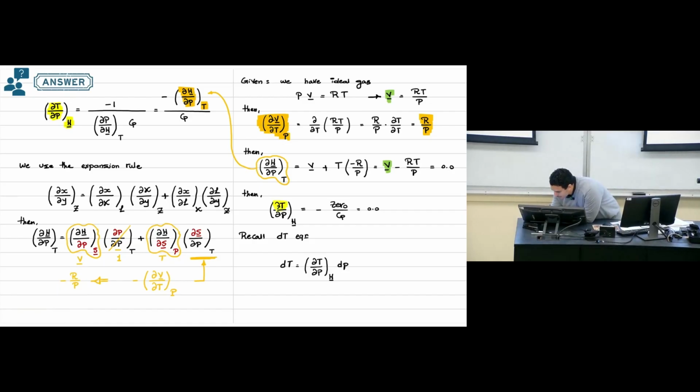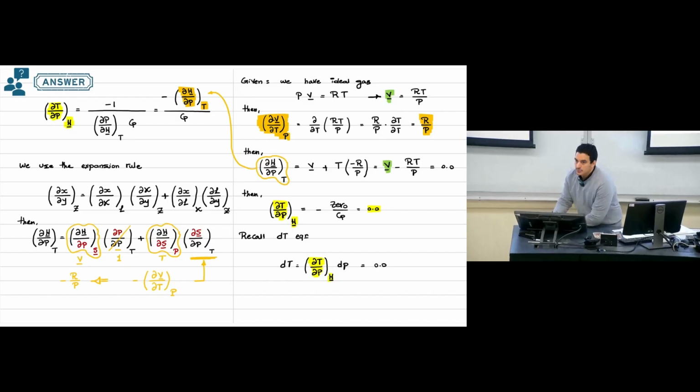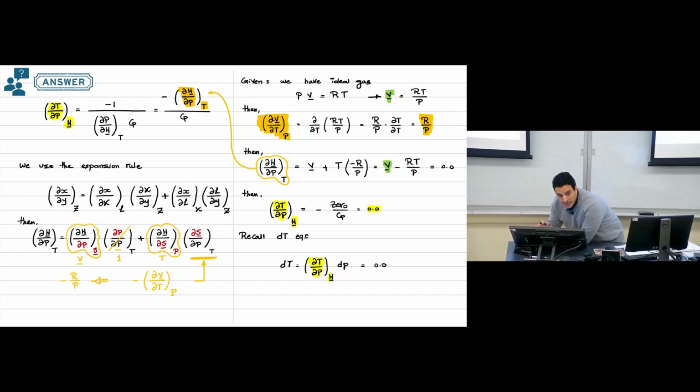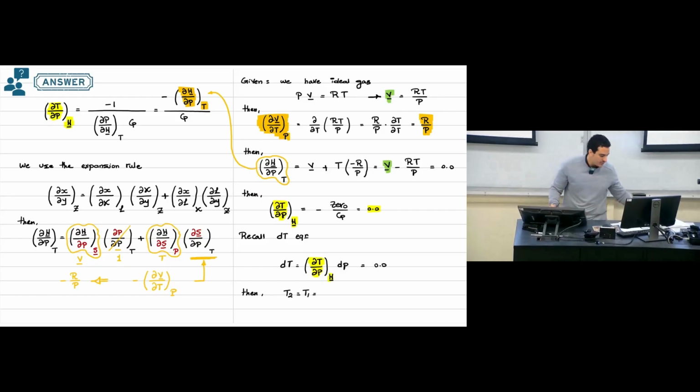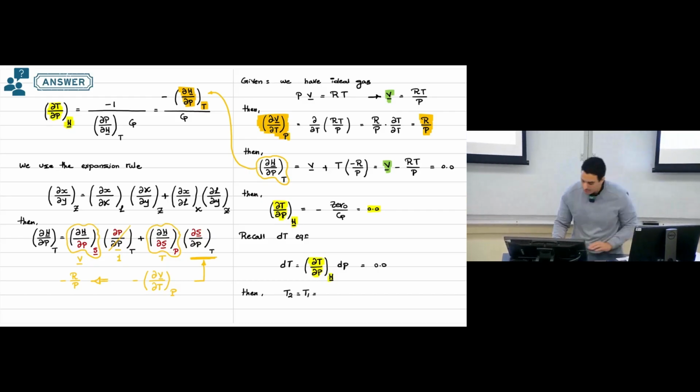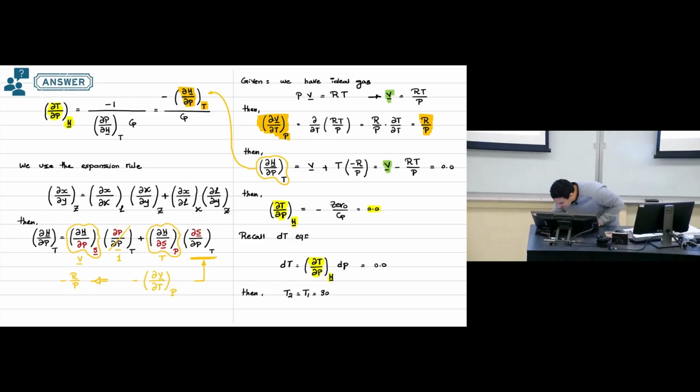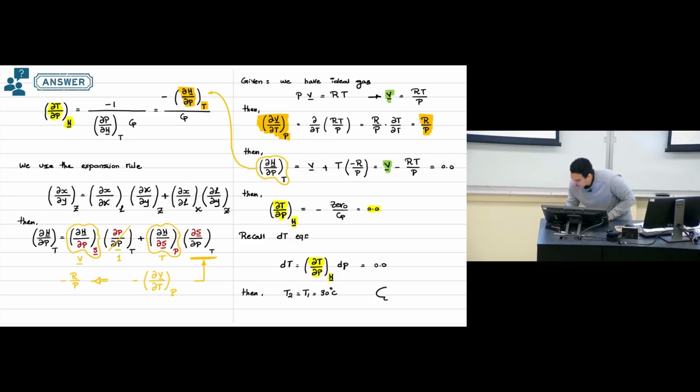So this one here, dT by dP at constant H, equals 0. Just direct substitution in this one, so you have dT will be 0. So after all of this, this model tells you we don't have any temperature change. Then T2 is equal to T1, and the temperature we have in this example is 30 degrees Celsius. And this is what we need to find.